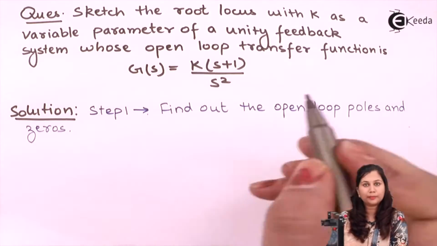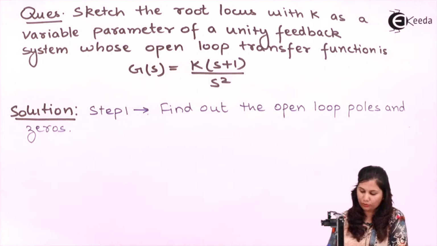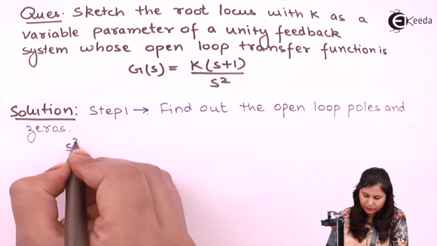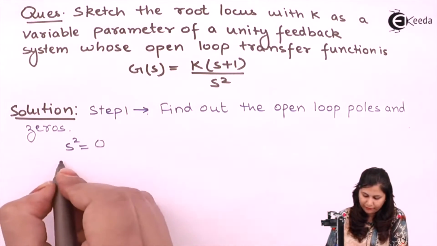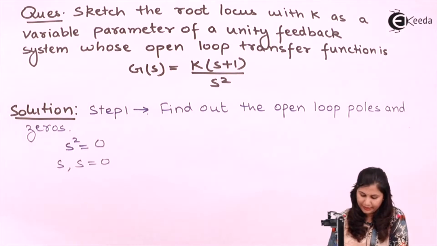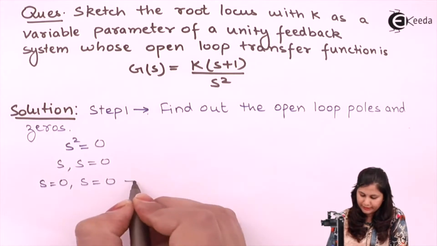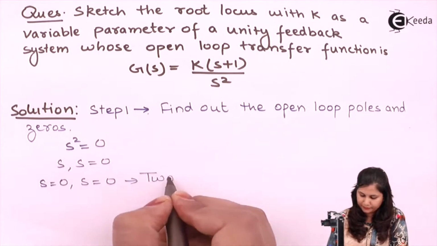To find out the poles, we have to equate the denominator term to 0. So s² = 0. So we have two poles at the origin, that is s = 0 and s = 0. These are the two poles.